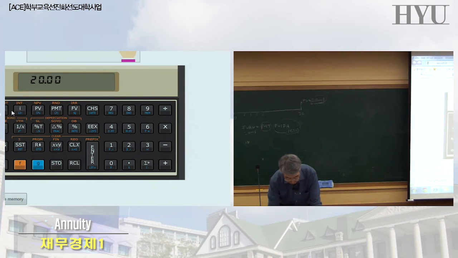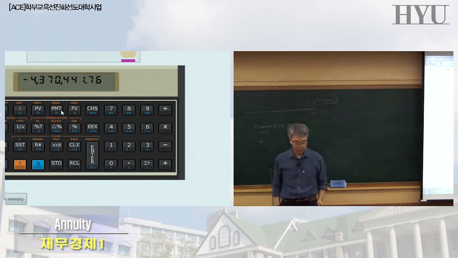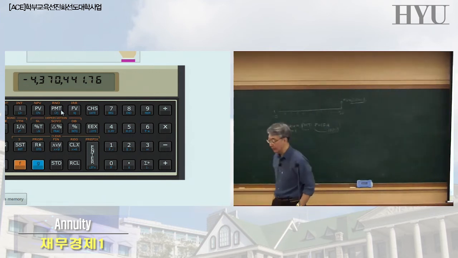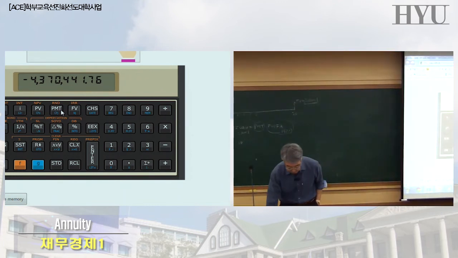And let's say the interest rate is 8%. And just solve for the payment. So that means each year they need to set aside $4,370,441.76, every year. That's the idea of a sinking fund.